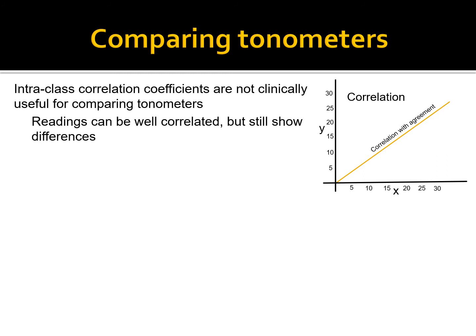But that's a rare situation. A line can correlate, but it certainly doesn't agree, except at one point. And indeed, you can have negative correlation. They'll have very good correlation coefficients, 0.92, 0.98 if they're a perfect straight line, which you wouldn't get anyway. But that doesn't mean they agree. So the correlation coefficient's out the door.